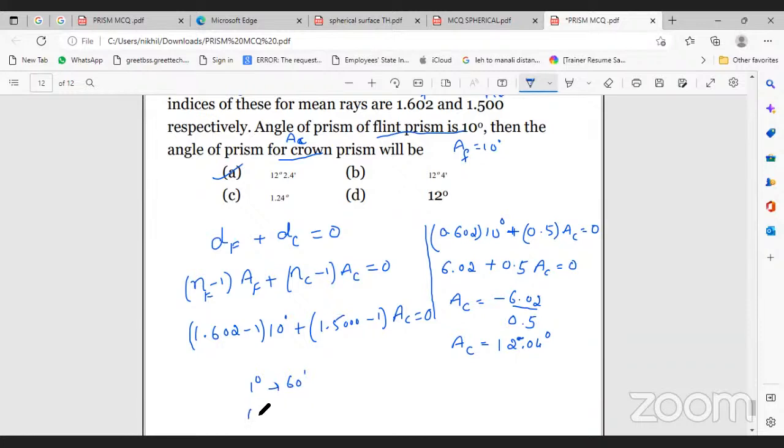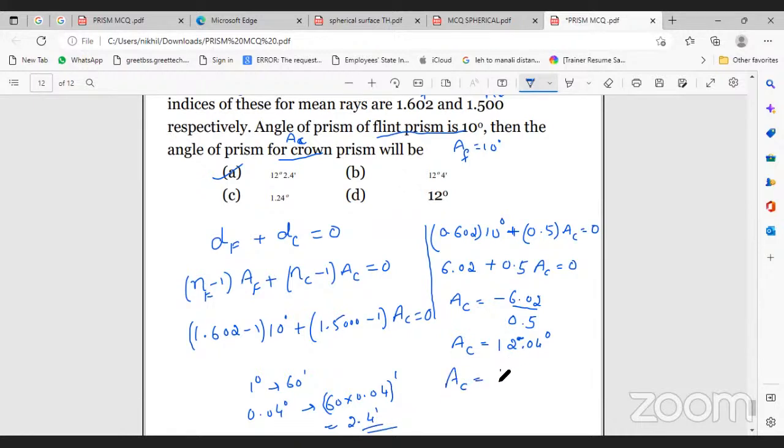So for 0.04 degree, 60 into 0.04 is 2.4. So 0.04 degrees is 2.4 minutes. Please remember this.